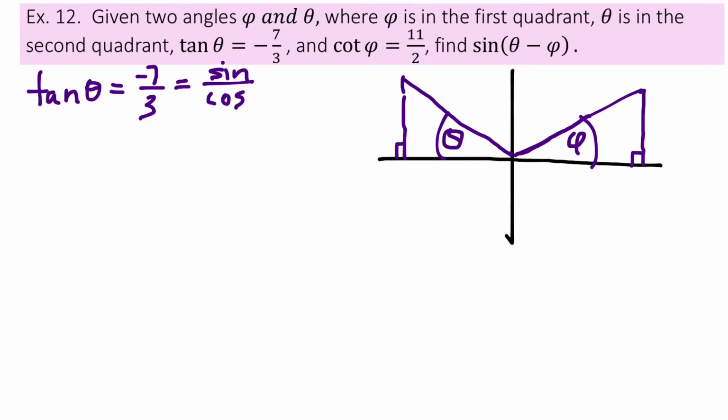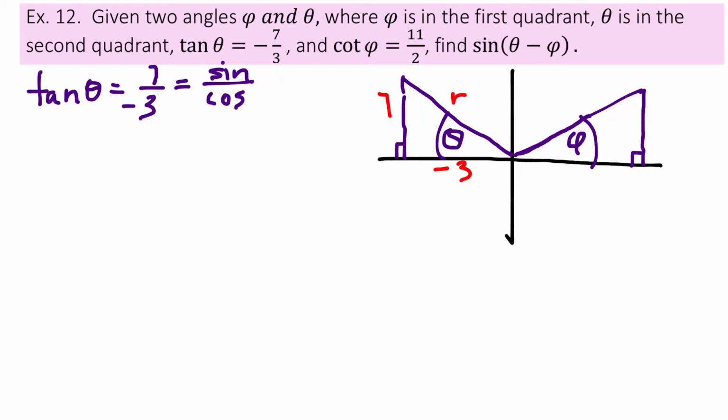The negative must go down, so you have to figure that out. The negative can't be on the sine in the second quadrant. It's going to have to be on the cosine. So the negative 3 is going to go on the adjacent side, and the 7 is going to go over here on the opposite side. We don't know what this side is yet. We're going to have to figure it out.